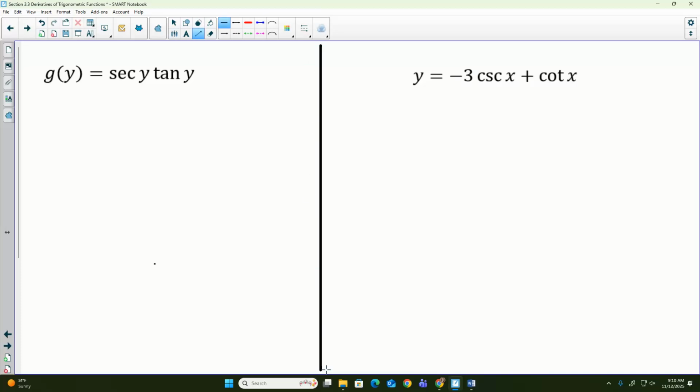G of y, that tells me y is the variable. Secant of y times tangent of y. So, this is two trig functions. They both have a y in them, so we have to do the product rule. Derivative of the first. What is the derivative of secant?